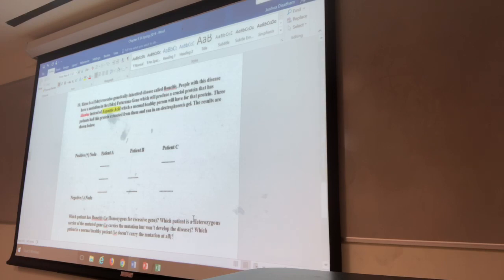So this heterozygous carrier of the mutated gene, whatever his gel is, and we're going to look at it in a second, must produce both aspartic acid and alanine for this gene, because he has one gene that is fine, so it should still be producing aspartic acid, but the other one is producing alanine. The one with the disease, both copies of the gene have to be broken. Both copies of the gene must be producing alanine, so there shouldn't be any aspartic acid in the person with the disease. So let's try to break this down.